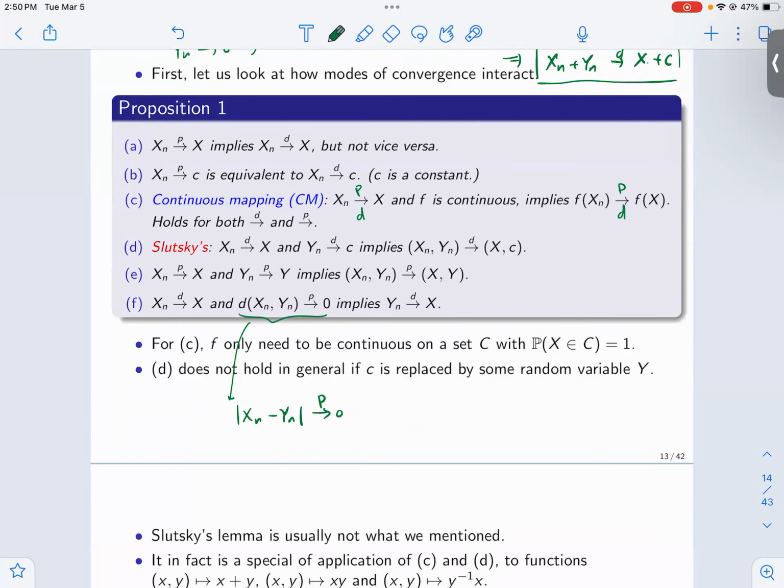d is like a distance. So for example, in R, d of x and y is the absolute value. In R^d, it could be, for example, the norm, or any metric you would like. So it's the metric that goes into the definition of convergence in probability, basically.